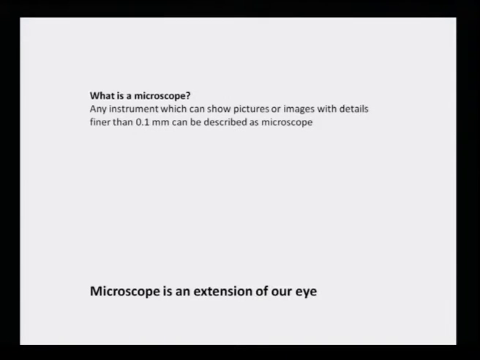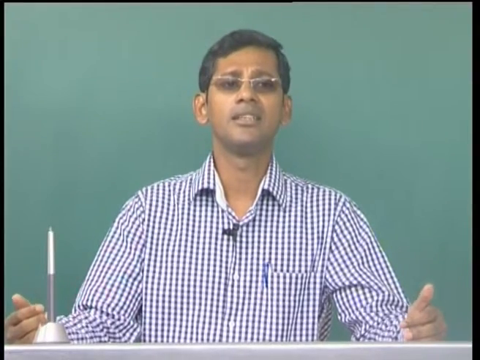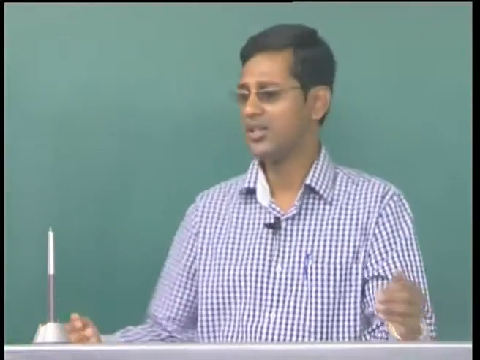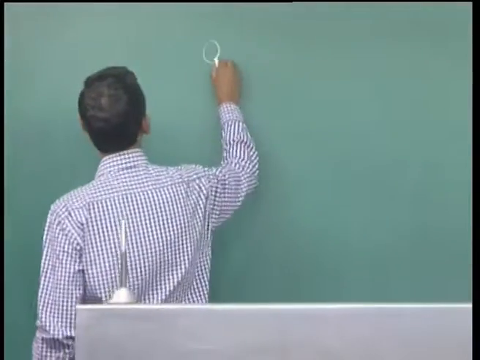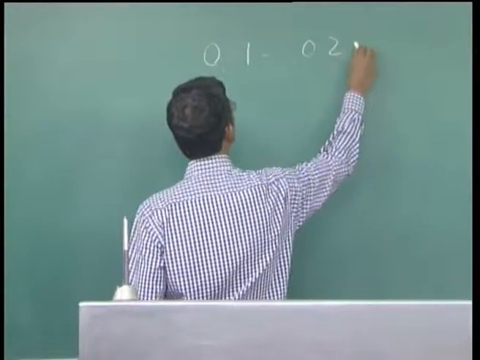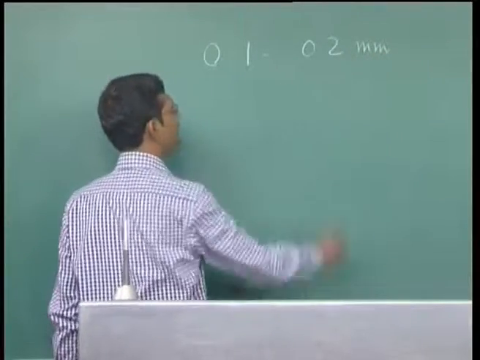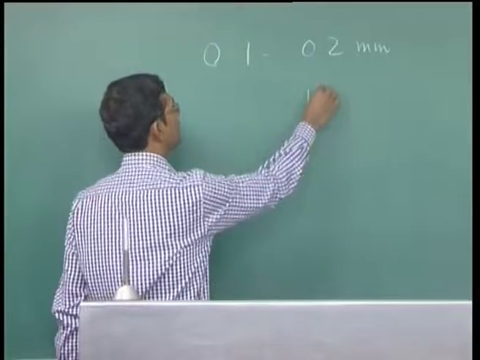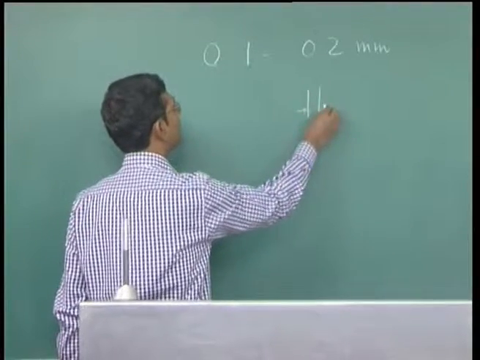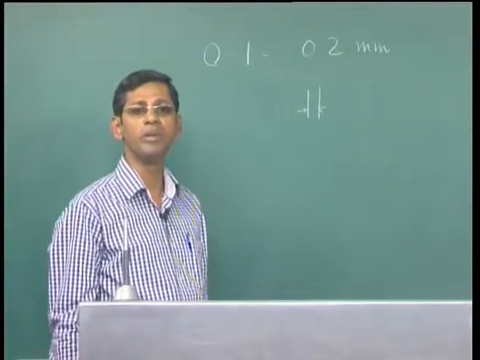What is a microscope? We know that our normal eye can see a feature as small as 0.1 to 0.2 millimeters. That means, if there are 2 points in space, our normal eye can resolve them precisely if the distance between these 2 points is in the range of 0.1 to 0.2 millimeters.